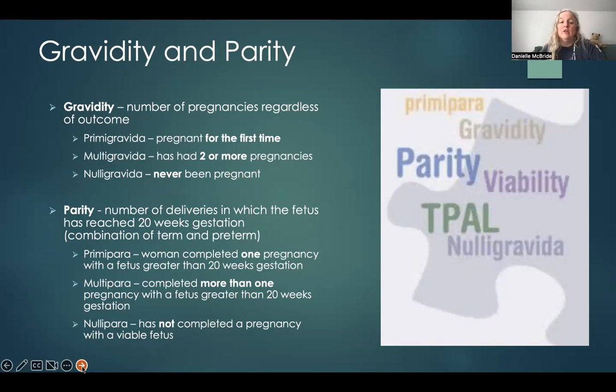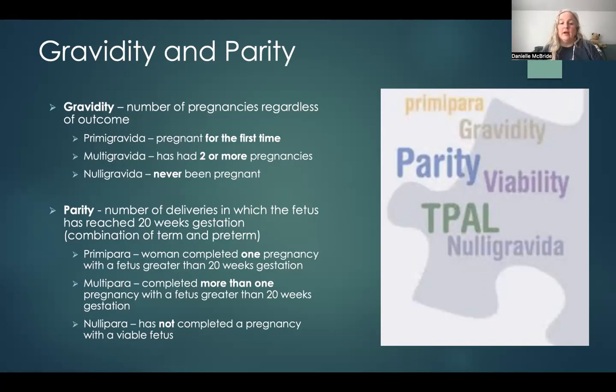So parity is the combination of our term and preterm. I'm going to show you what that means a little better on the next slide. We are going to use terminology for this too. So prima, again, is 1. If we have a prima para, she has delivered one baby greater than 20 weeks gestation.